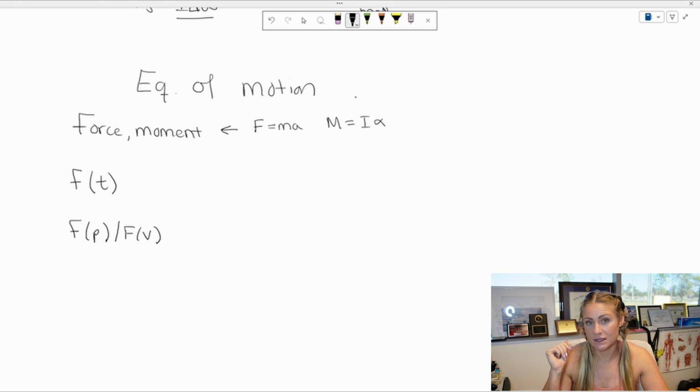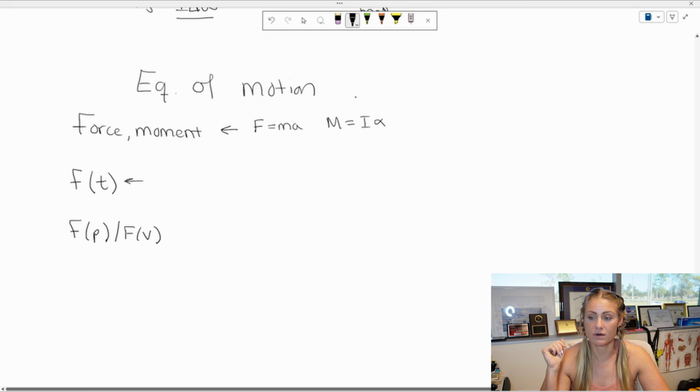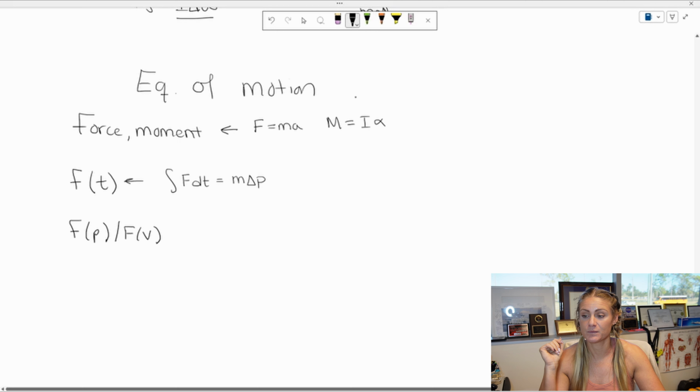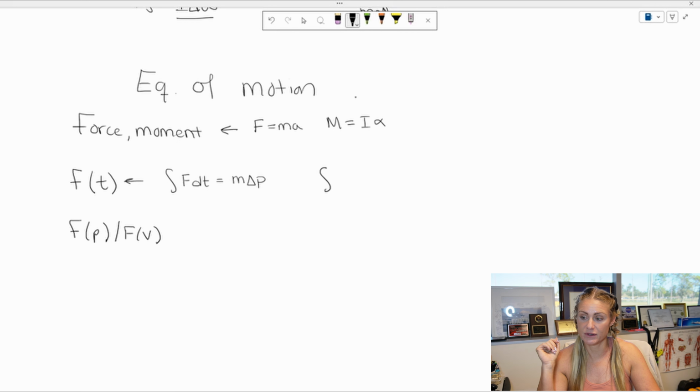If you answered that question by saying I have force in terms of time, then you have impulse and momentum, which looks like F dt equals the change in momentum. This would be the linear, m times the change in linear velocity, and you would also have an angular impulse equal to the change in angular momentum.